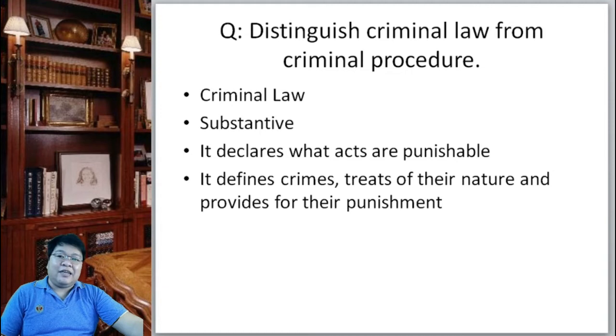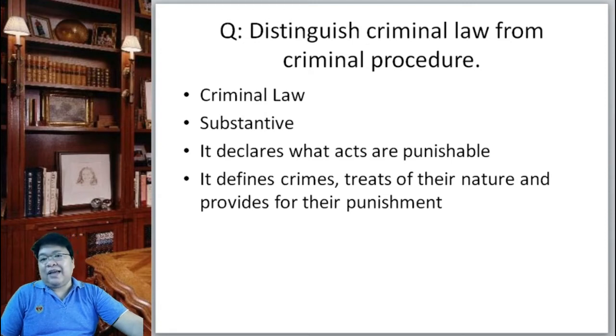And in criminal law, that is composed of the revised penal code and other special laws, it declares what acts are punishable. And it defines crimes, treats of their nature, and provides for their punishment. Usually, in rape, reclusion perpetua, life imprisonment.